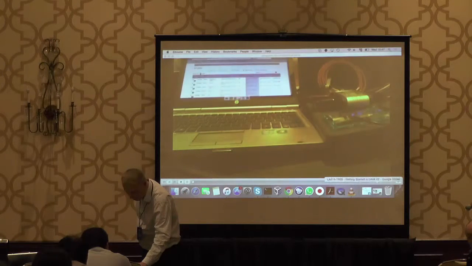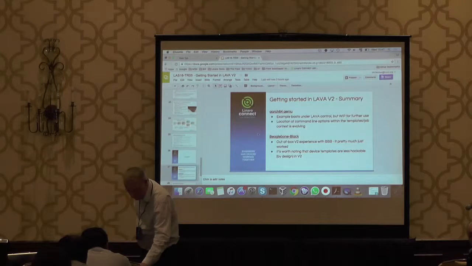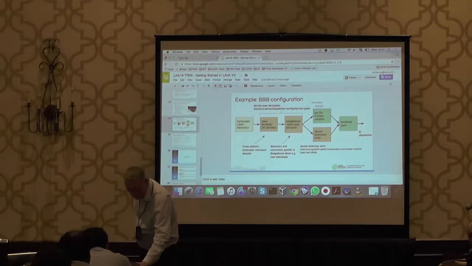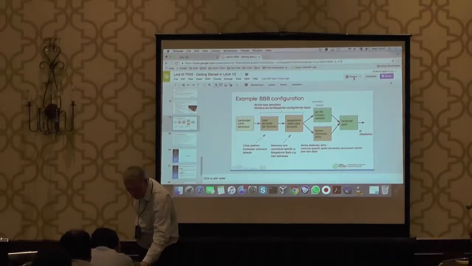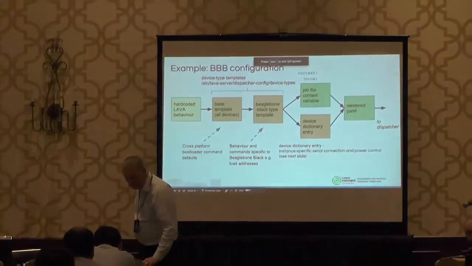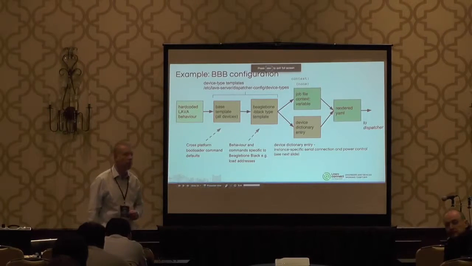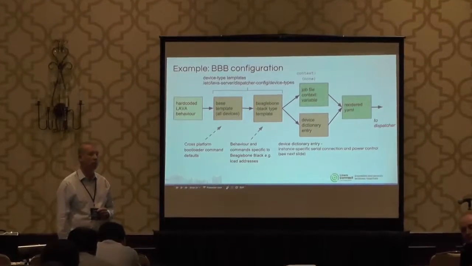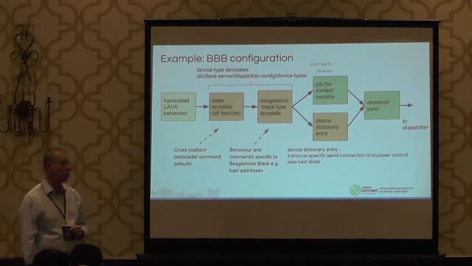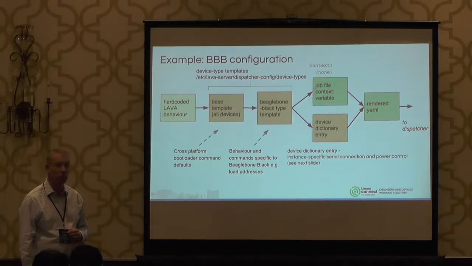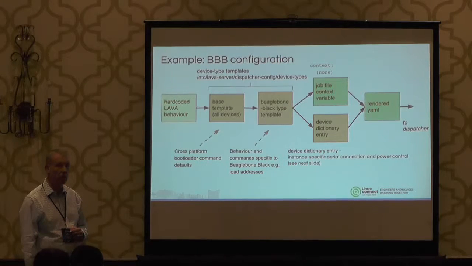If you set a value for a variable in the device dictionary, that rules out any further changes to that variable. So it's a way of admins controlling what kind of access is actually allowed on particular devices. And then the variables that are still exposed can be set in the context of the test job submission. So it allows a little bit of fine-grained control for particular use cases and particular ideals.